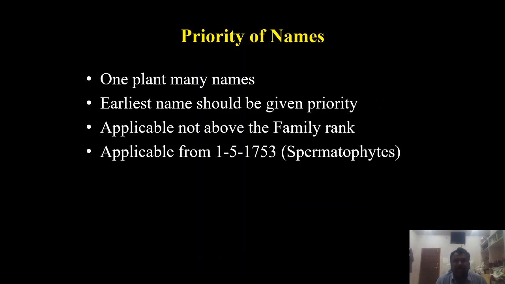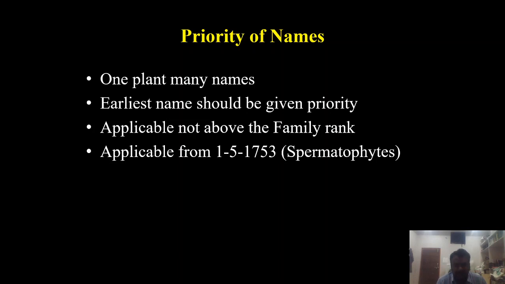Now coming to the priority of names. We have already discussed that one plant may have many names. Even then, when communication was not good in ancient days, even the scientific names were different for one plant.